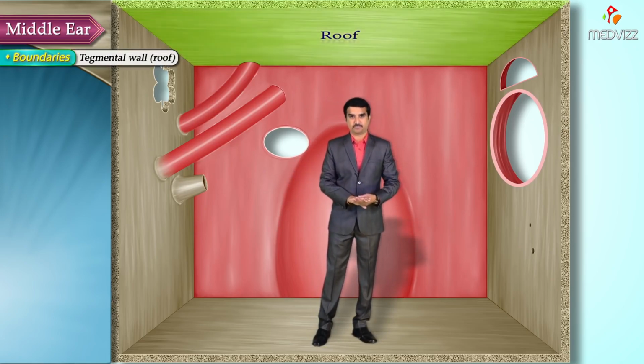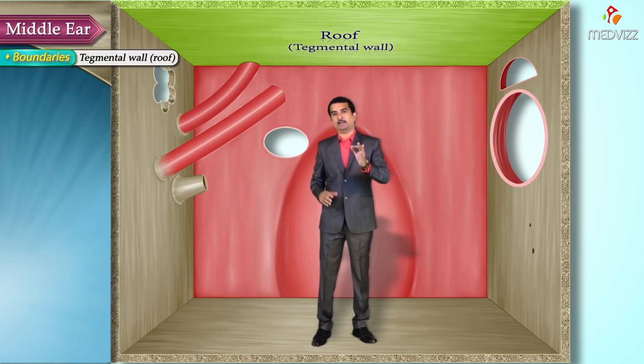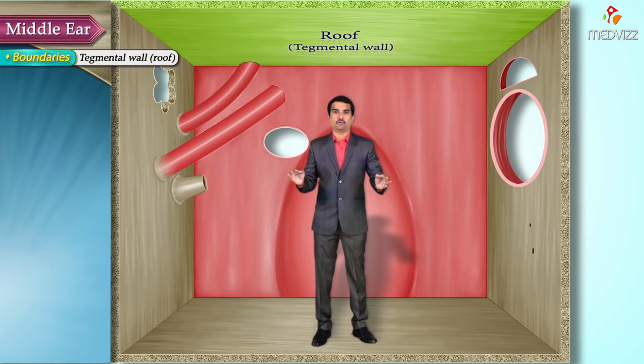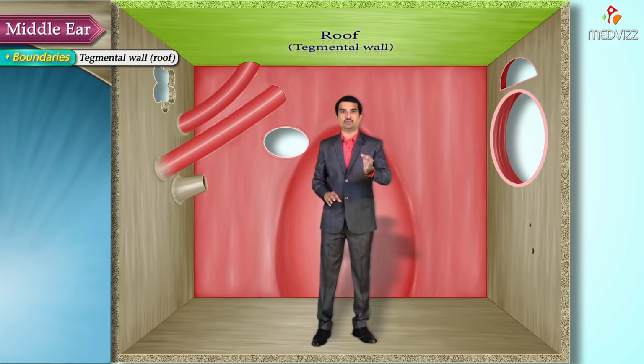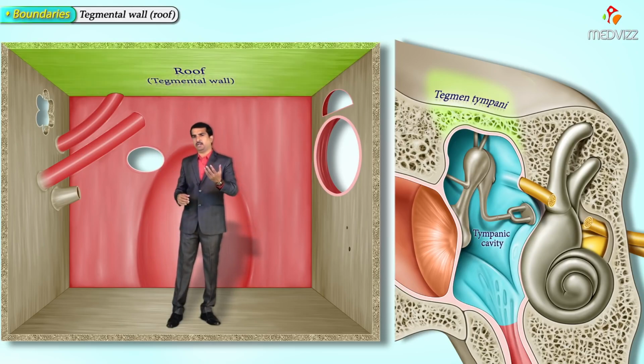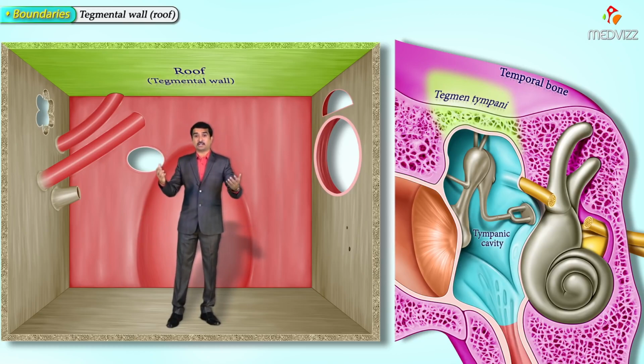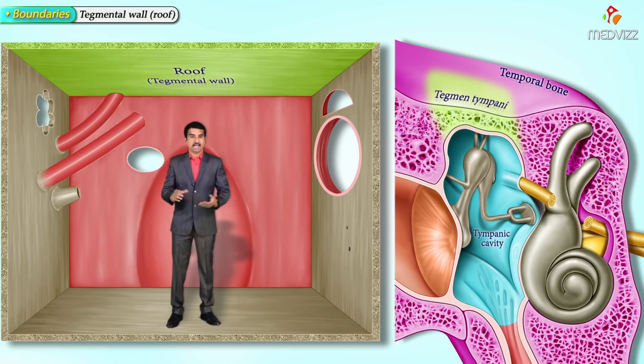First, let us discuss the roof of the middle ear cavity. The roof is also called the tegmental wall. Remember that the tegmental wall forms the roof of the middle ear cavity, also known as the tympanic cavity. Why are we calling it a tegmental wall? Because it is formed by the tegmen tympani, which is a thin plate of the petrous part of the temporal bone that forms the roof of the canal for the tensor tympani muscle and the tympanic antrum.